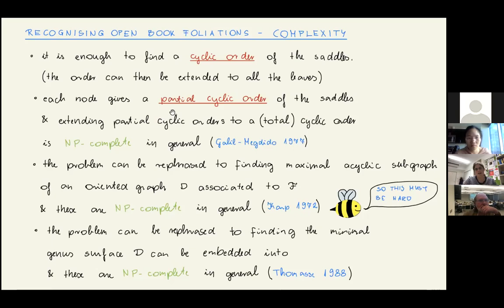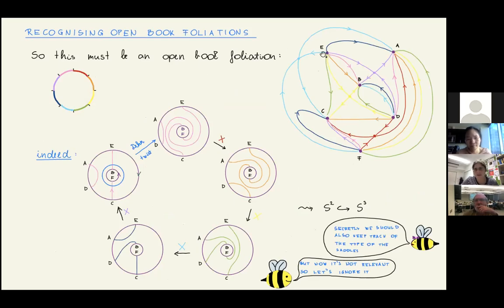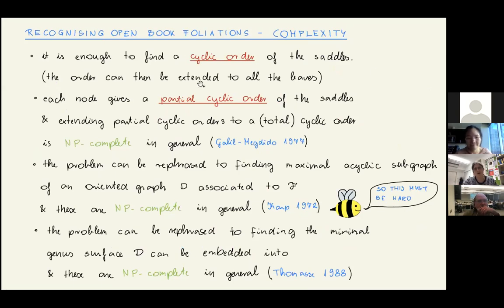And each node, you remember here, for example, this node E told me that the yellow saddle and the light blue saddle and the purple saddle had to be in this particular circular order. So I'm getting some sort of partial cyclic order given for every single node. So I'm getting this collection of partial cyclic orders.